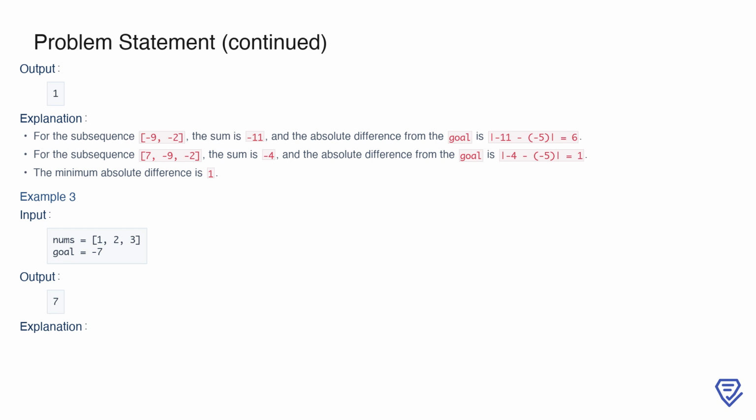Another subsequence, 7, -9, -2, sums to -4, with an absolute difference of |-4 - (-5)| = 1. In this case, the smallest absolute difference we can achieve is 1, so the output is 1.